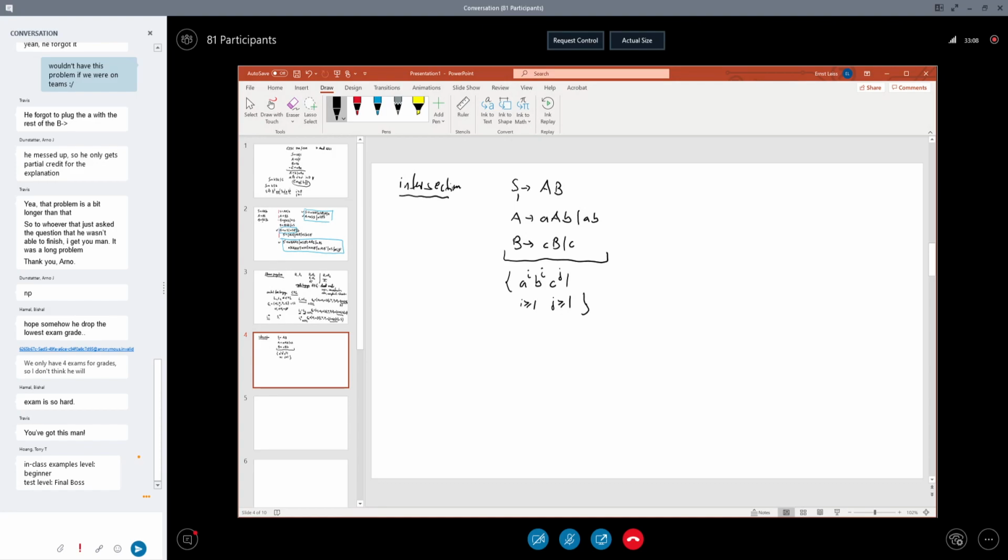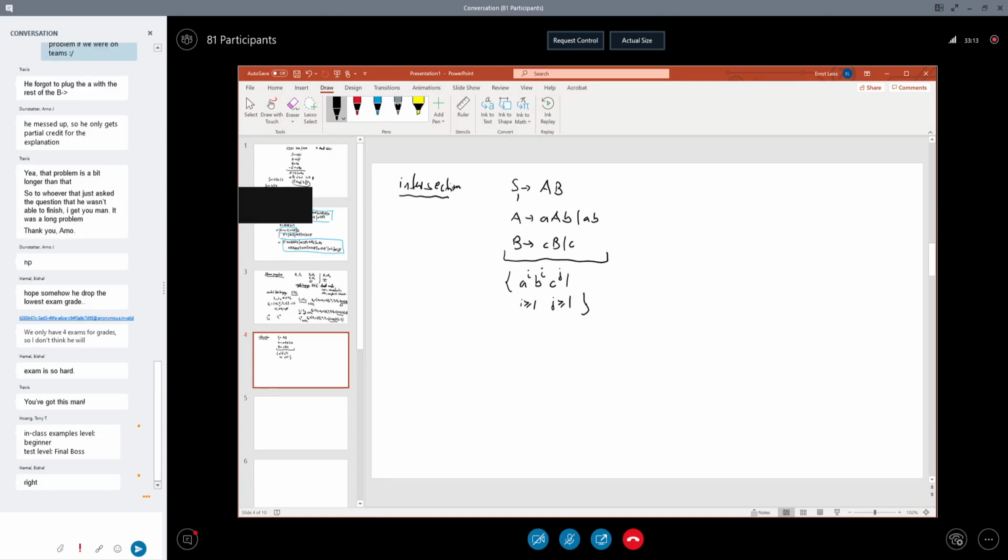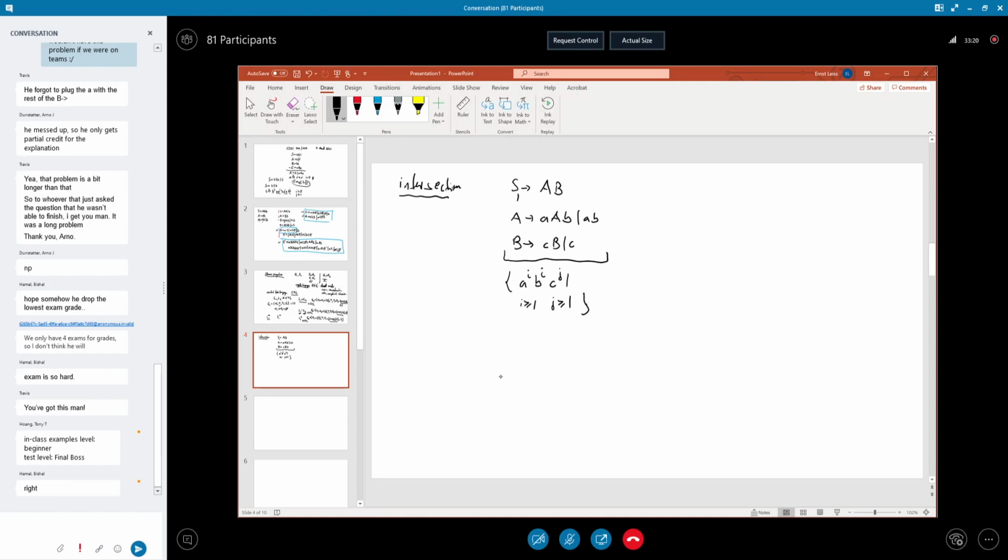But what I wanted to see was that A leads to the same number of A's and the same number of B's, right? Yes, you mentioned that. Capital A generates little a, capital A, little b, so you can keep on replacing the capital A by aAb, or you can replace it by ab, in which case you got rid of the capital A. And that gives you the same amount of A's and B's as well?